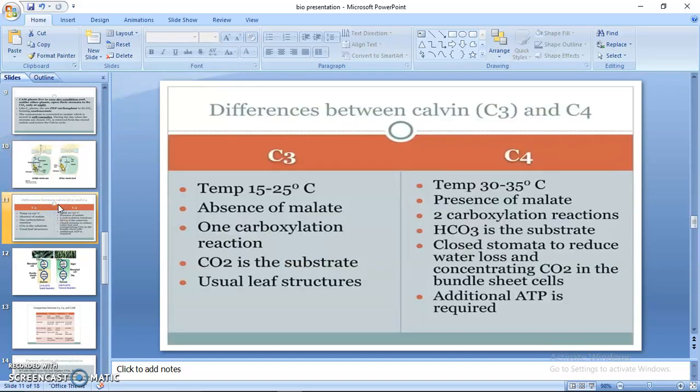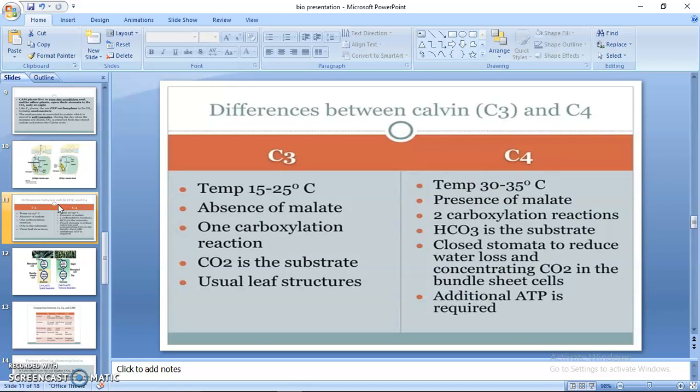So the difference between C3 and C4. In C3, the temperature lies between 15 to 25 degrees Celsius. In C4, the temperature lies between 30 to 35 degrees Celsius. There is absence of malate in C3, whereas malate is present in C4. One carboxylation reaction occurs in C3, whereas in C4, 2 carboxylation reactions occur.